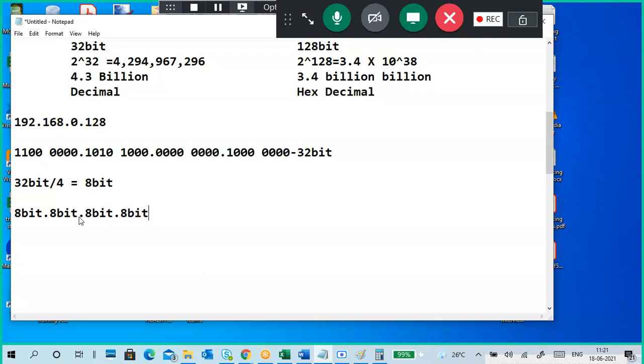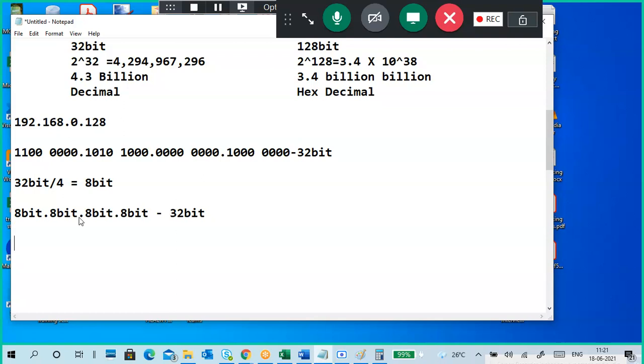So how many bits now? 4 times 8, 32 bits.